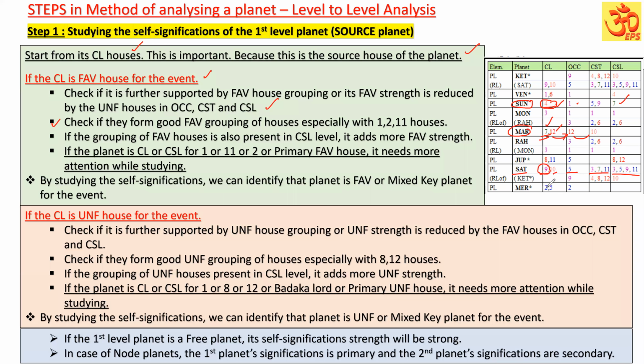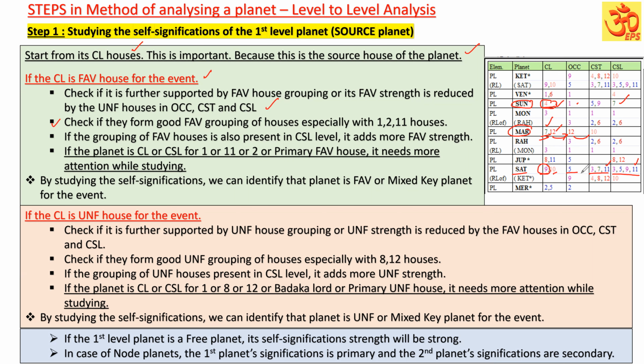In the case of Saturn, you can see the 9th house has favorable houses in OCC, CST, CSL. Within that, does it have good houses like 1 to 11? Yes, the 11th house is present in CST and CSL also. If it also had the second house, it would have been better.